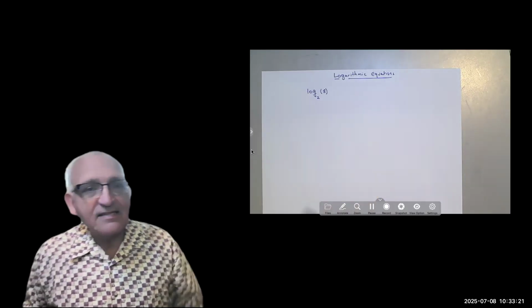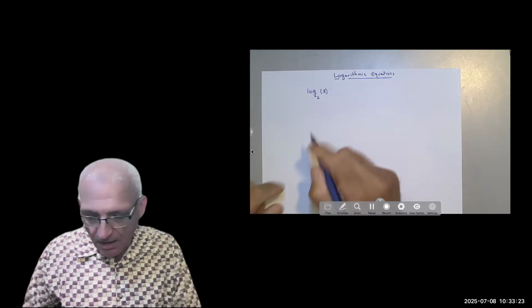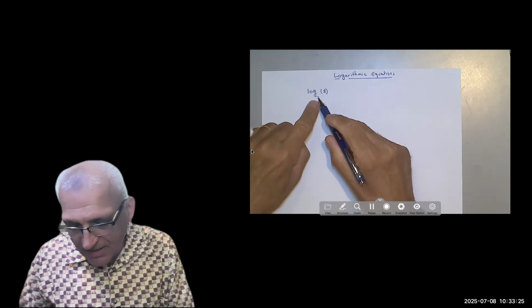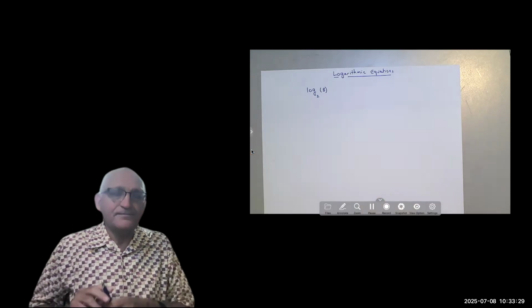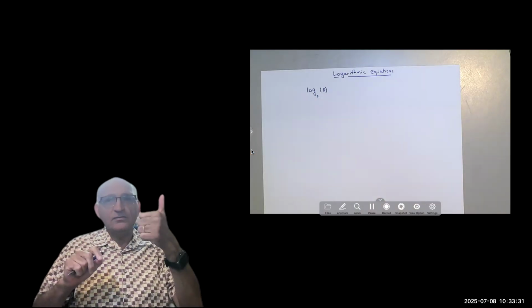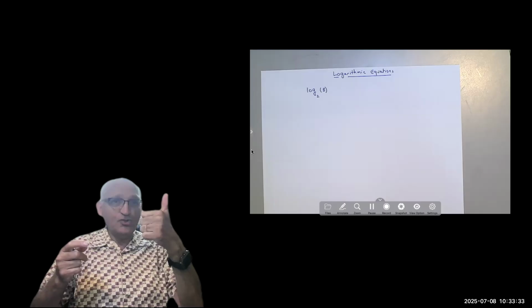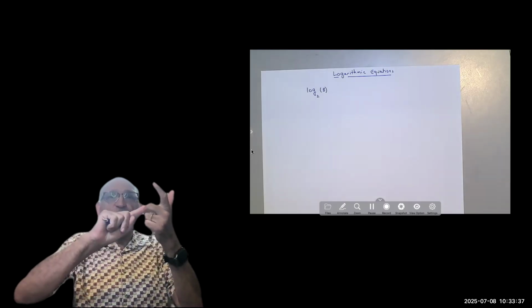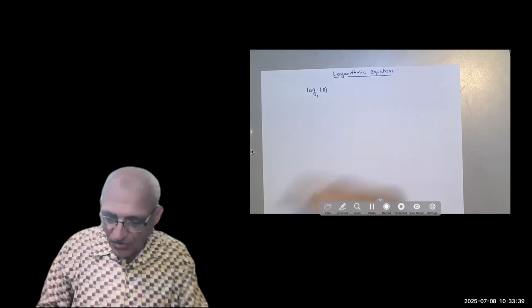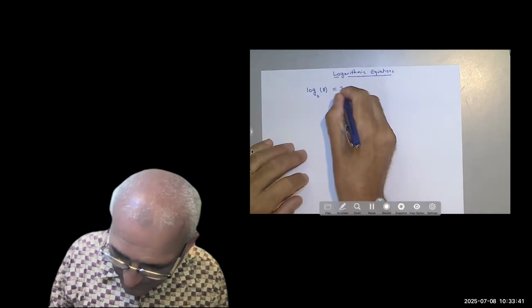When I write it like that, I mean, what power should I raise 2 to get 8? I know that 2 raised to the first power is 2, raised to the second power is 4, raised to the third power is 8. So the answer is 3.